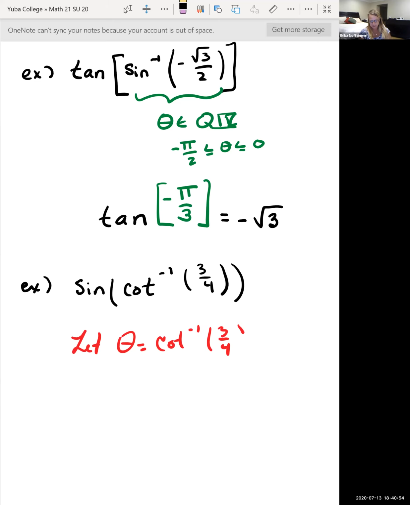That means if we take cotangent of both sides, we get cotangent theta is equal to 3/4. Cotangent's the same thing as 1 over tangent. Tangent's opposite over adjacent, so cotangent is adjacent over opposite.